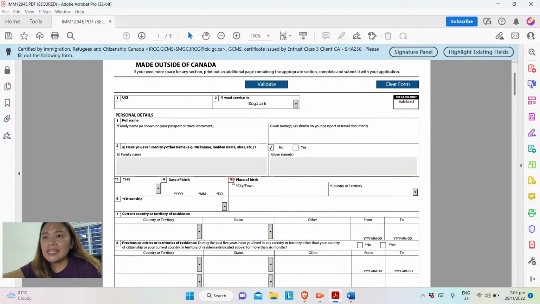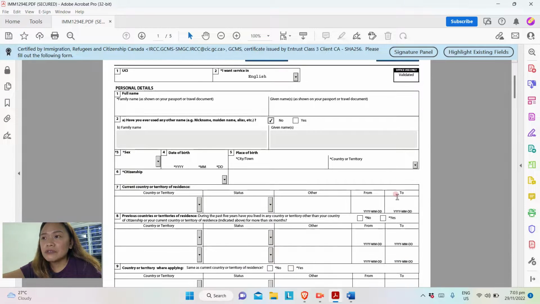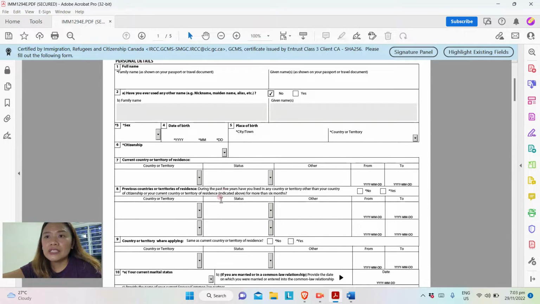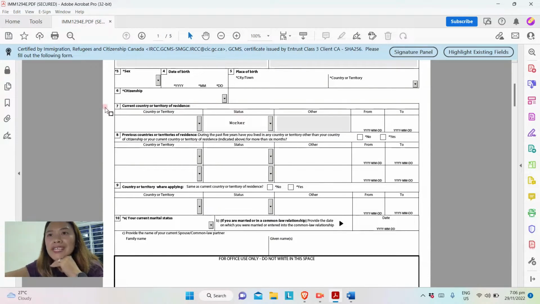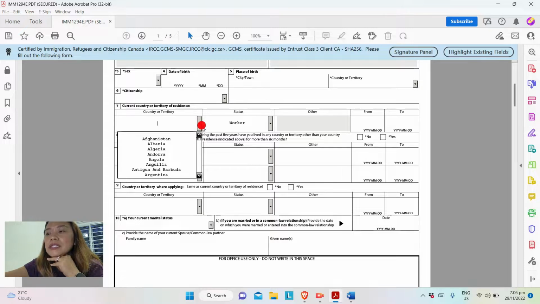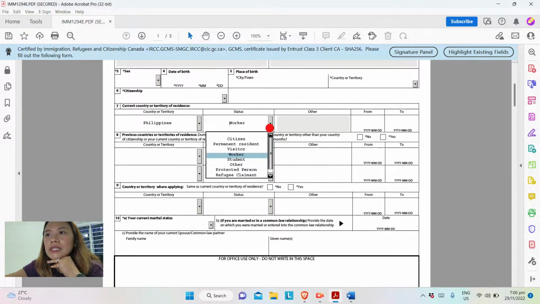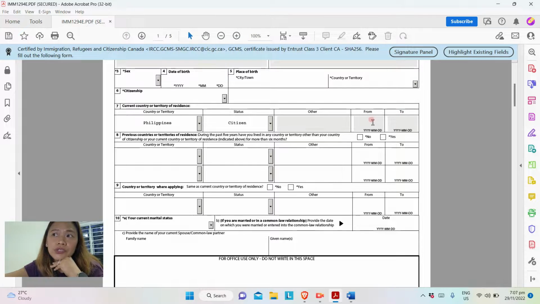Then your sex, date of birth, place of birth, and your country or territory of citizenship. For number 7, current country or territory of residence, let's just say you live in the Philippines, so choose Philippines, and then citizen. This will gray out because there's no start and end date for your citizenship.